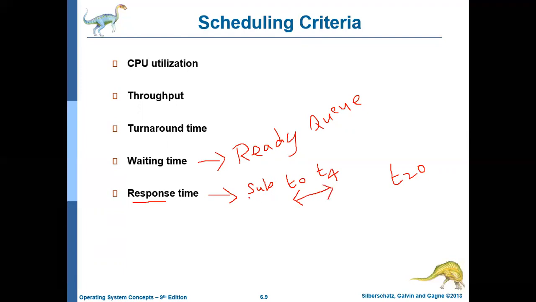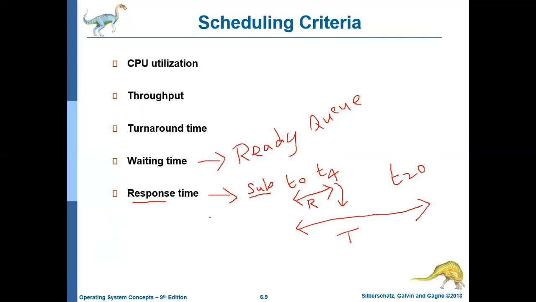The time duration between the job or process submission and the first response is called response time. First response means it may ask something, like enter your name or enter your age, or some form may pop up, so that you understand the job has started executing, but it is not completed. It completes at t20. So this duration is called response time. Whereas the entire time duration from t0 to completion time is called turnaround time.